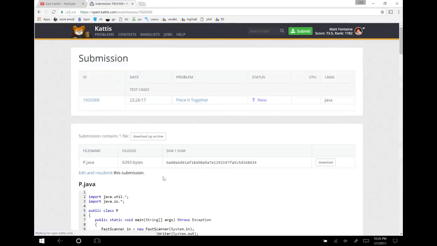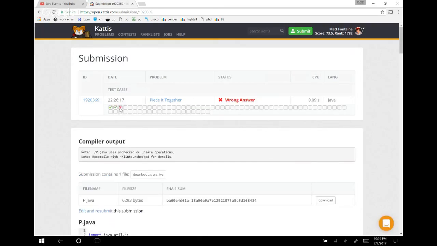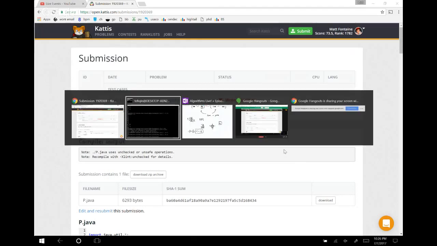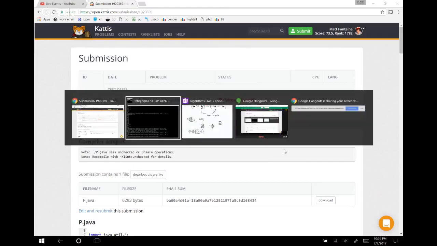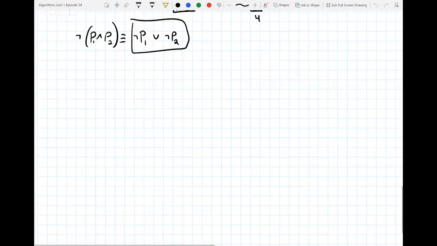Should be very suspenseful. Ooh, wrong answer. So let's see if we can figure out a test case that breaks this. Nice small test case. Probably tests better anyway.